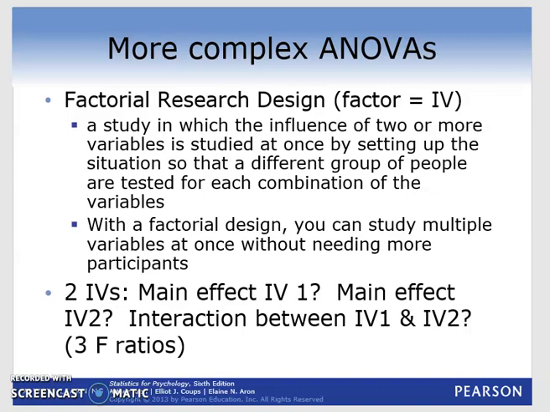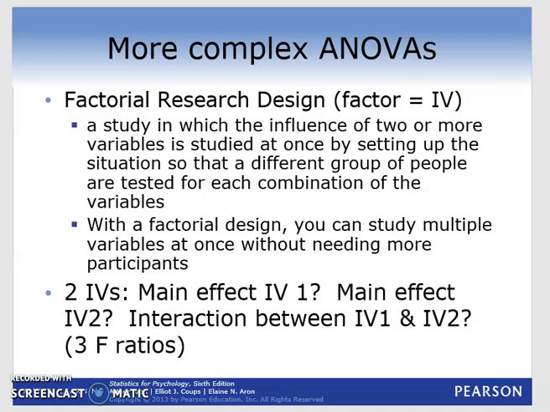Again, this is a more complex ANOVA. It's called a factorial ANOVA because you have more than one factor or more than one IV. The beauty of it is that it's like you're running multiple studies at once. So if I'm interested in the impact of gender and types of exercise on stress relief, instead of running one study on are there gender differences with stress or are there exercise differences with stress, I put them all in one study.